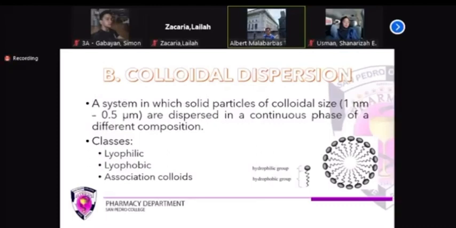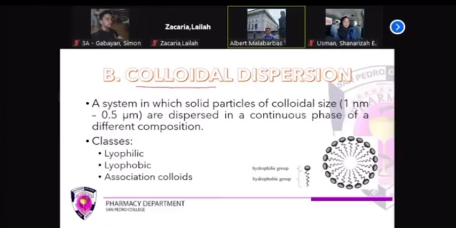The next type of dispersed system, we have your colloidal dispersion. Colloidal dispersion is a type of dispersion that has the particle size found between a true solution and a coarse dispersion, between 1 nanometer to 0.5 micrometer.